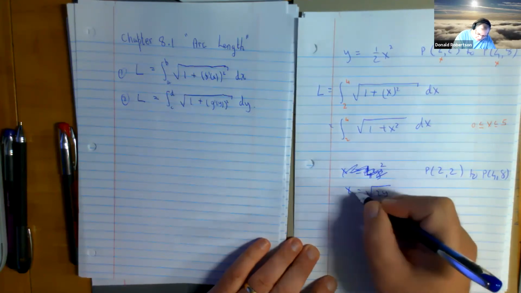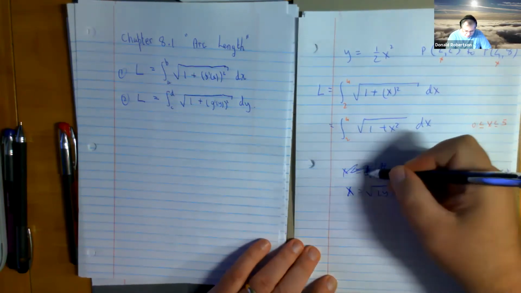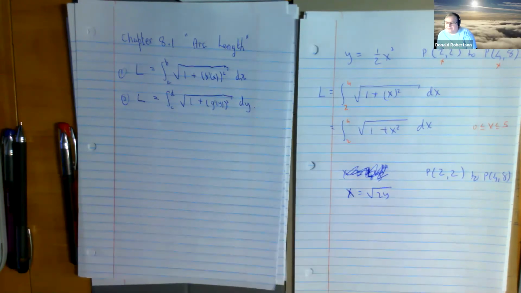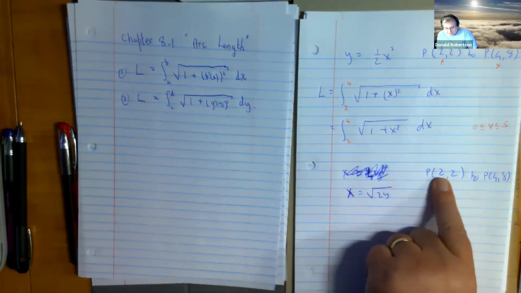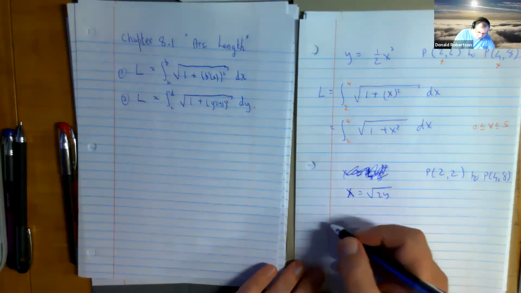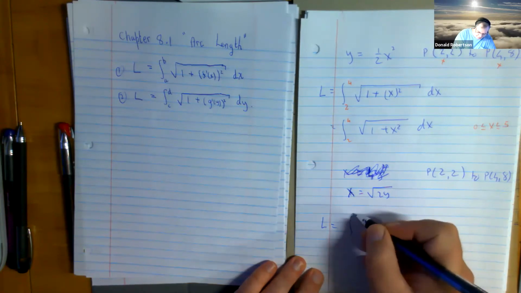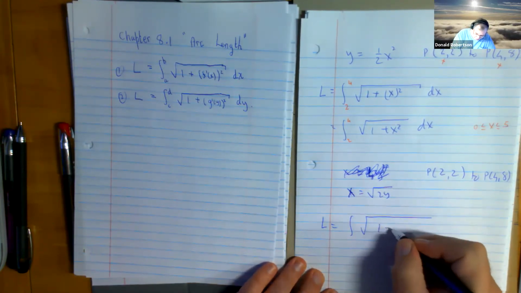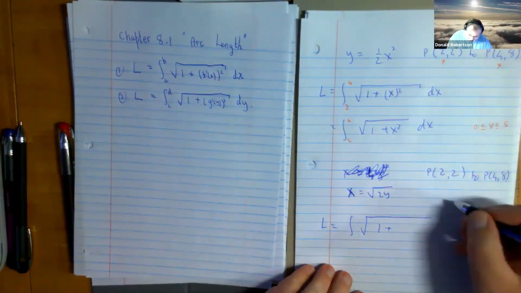There we go, got it now. Okay, I did it in my head wrong, but this guy is that guy, right? Now, can you imagine the question was find the arc length of this function from here to here? Well, we would use number 2. So it'd be the integral from somewhere to somewhere, the square root of 1 plus the derivative of that. Now, that's a little bit messier.